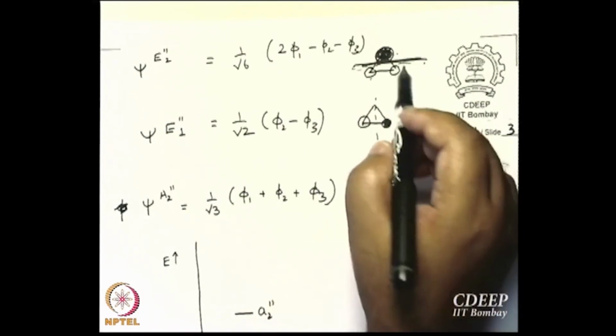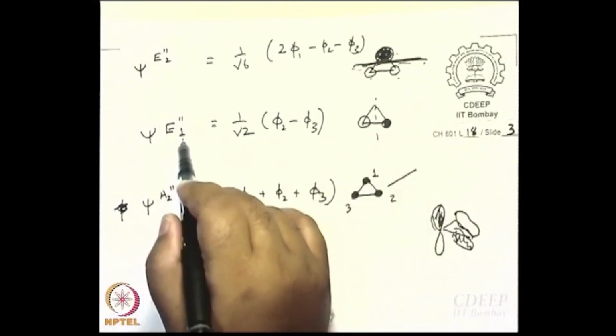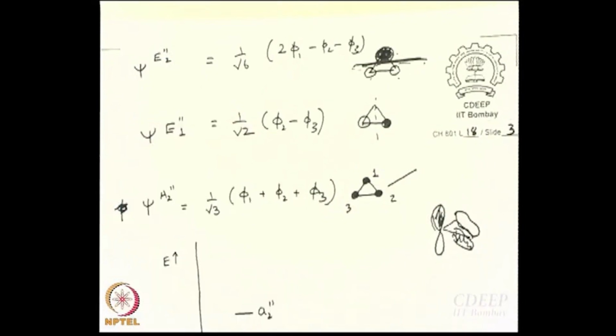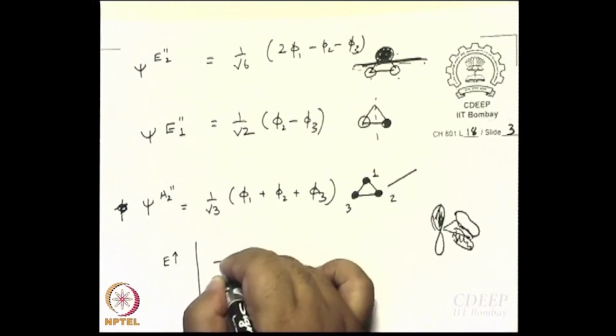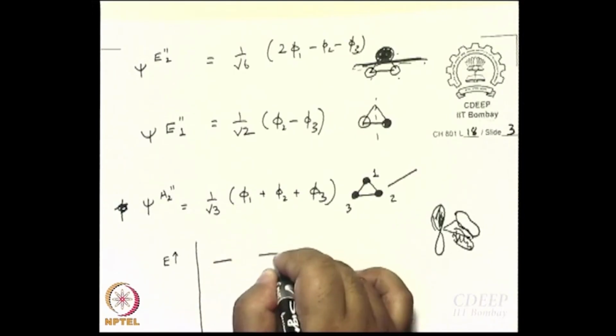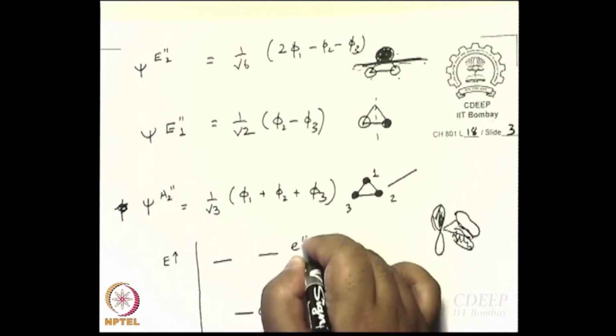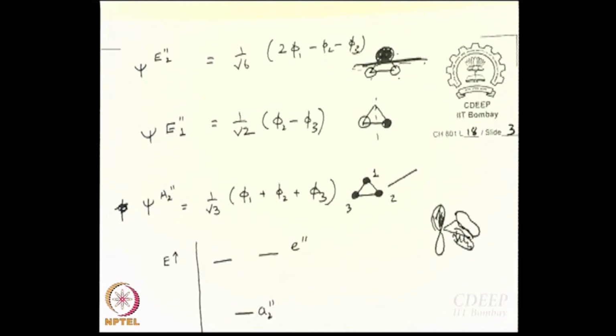And then, will you agree with me that psi E double dash 1 and psi E double dash 2 would have the same energy? Both have one node each, so they will occur together. Let me draw it like this. And I will call them the E double dashed degenerate set of wave functions. They have the same node, but their compositions are different. Doesn't matter.